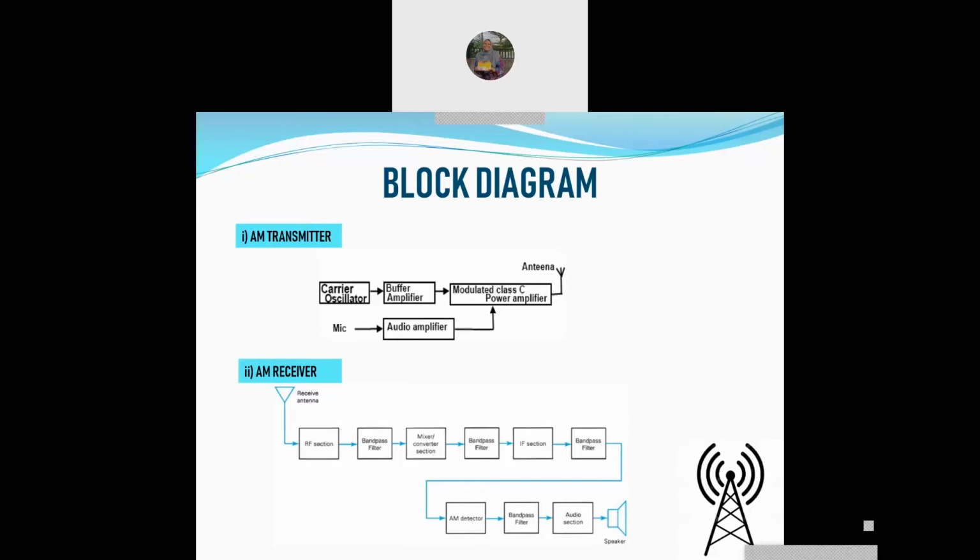After the envelope signal, the signal will filter again because of the noise, and then go to the AM detector.